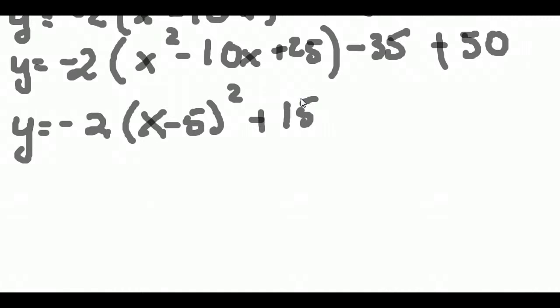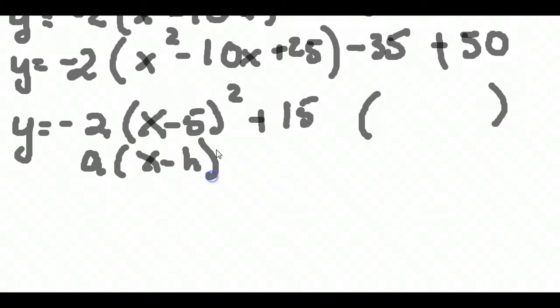Y equals negative 2 open, x minus 5 closed squared plus 15. So we can look at all the different pieces. So what is our vertex? If the original format is a open, x minus h closed squared plus k, what would our vertex hk be?